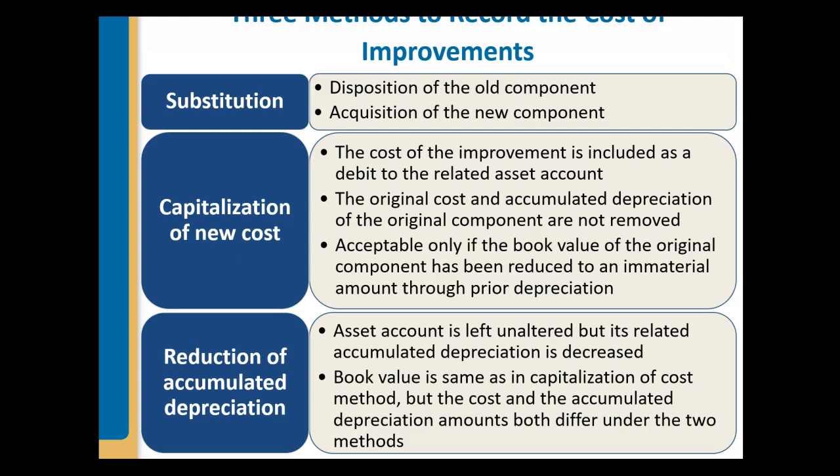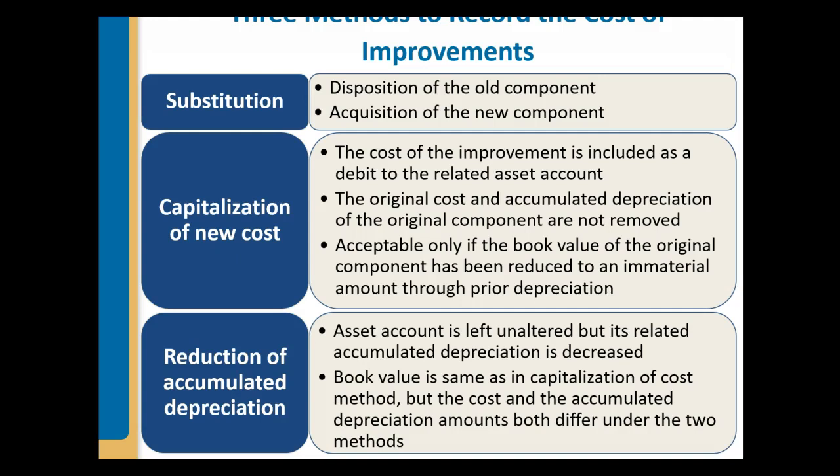Another way to record an improvement is to include the cost of the improvement, net of any consideration received from the disposition of the old component, as a debit to the related asset account without removing the original cost and accumulated depreciation of the original component.